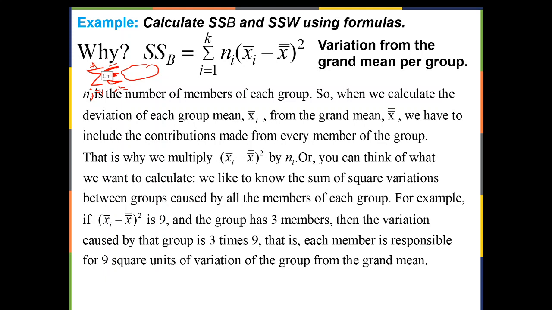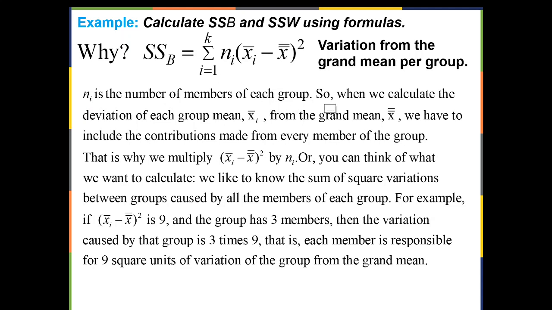So we're not going to use that idea to prove what's going on here. We're going to see if we can understand it without using double sigma notation. So why does the formula look like this? It says ni is the number of members of each group.